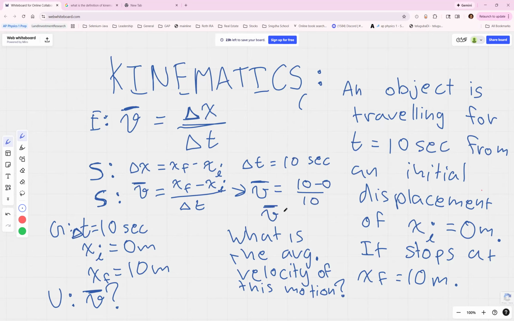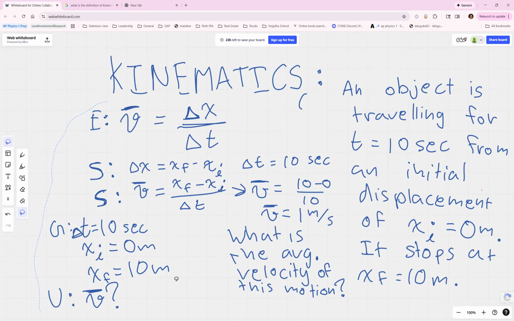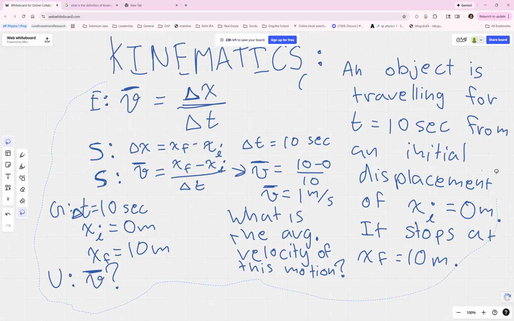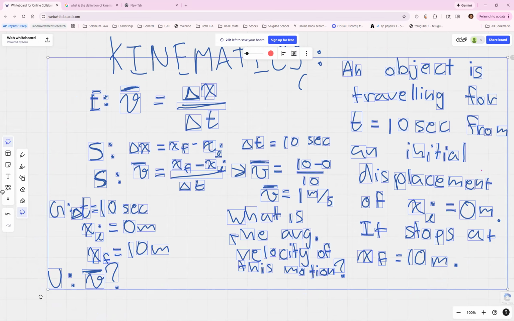So v average is equal to 1 meter per second. So now you just solved one of your first kinematics problems on average velocity. And that is a very good example of how it will usually be in a test paper or anything that you're trying to do. That's how they will usually ask you to find average velocity.